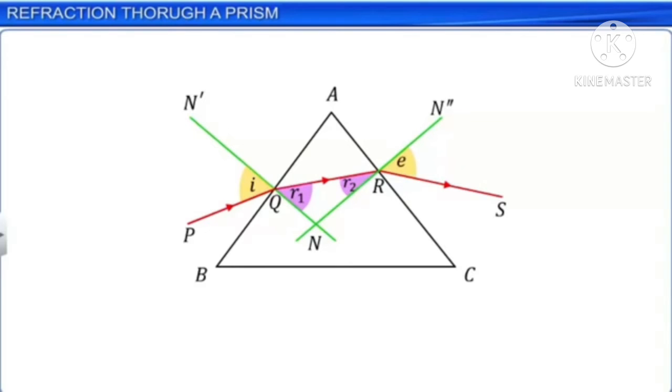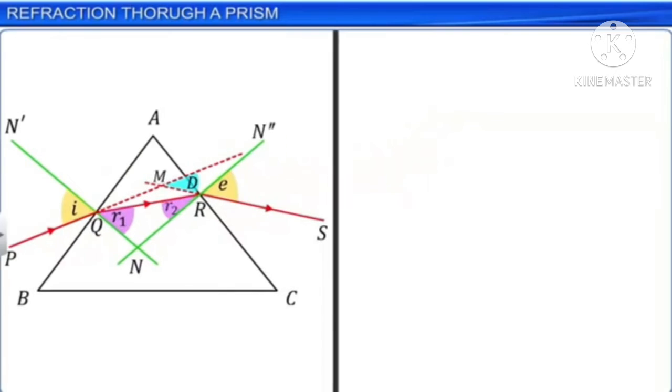In the quadrilateral AQNR, angles AQN and ARN are right angles. Hence, angle A plus angle QNR is equal to 180 degrees. Let this be equation 1.